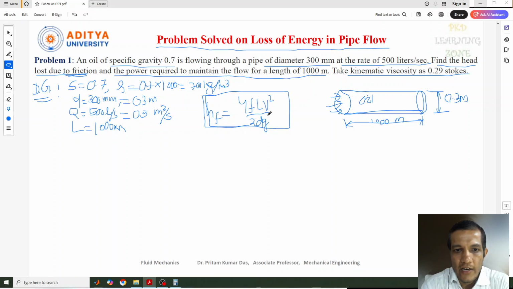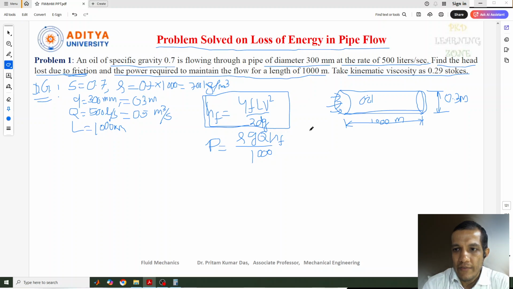And this is head lost. Another one is the power required to maintain the flow. So for power, another formula is there: P equal to rho g Q hf by 1000. This is the power required to maintain the same flow.